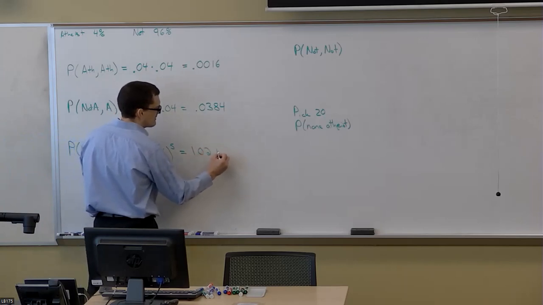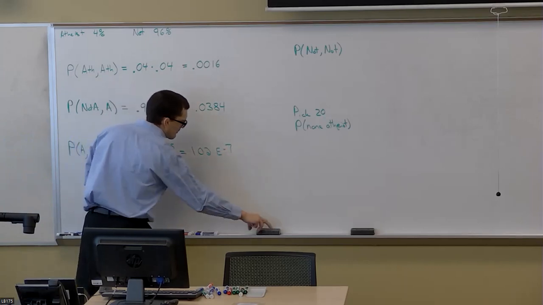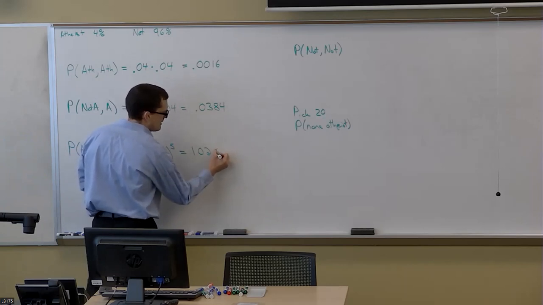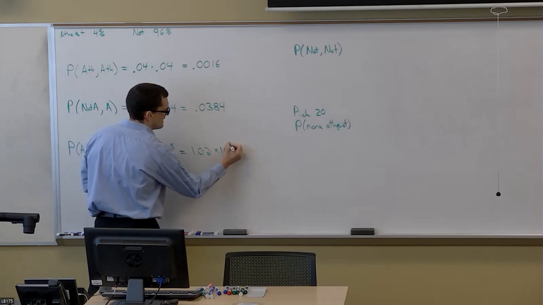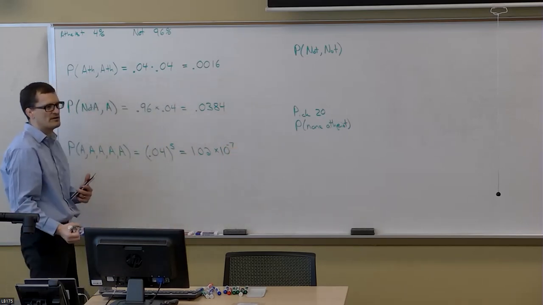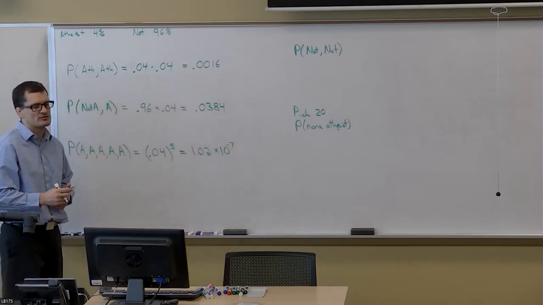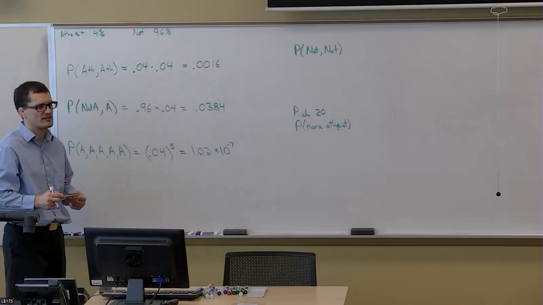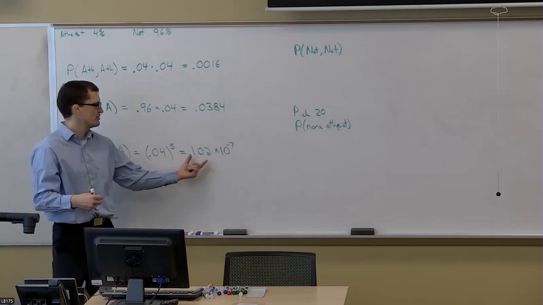1.024, and then it says E negative 7. If you remember what that means, that E negative 7 essentially means times 10 to the negative 7th power. That's the calculator's way of doing scientific notation. 1.024 times 10 to the negative 7th. I rounded this number to 2 places.